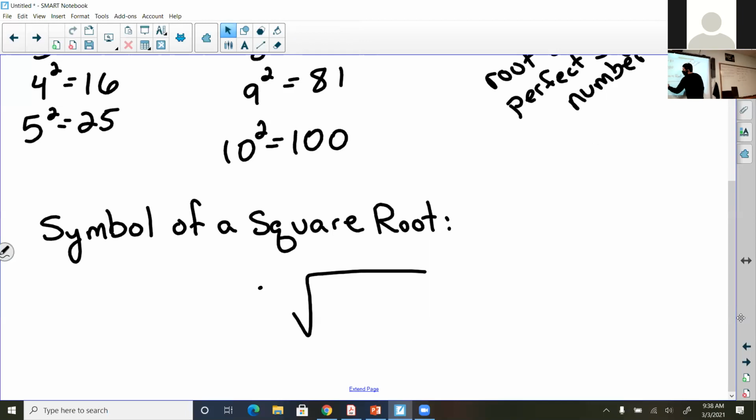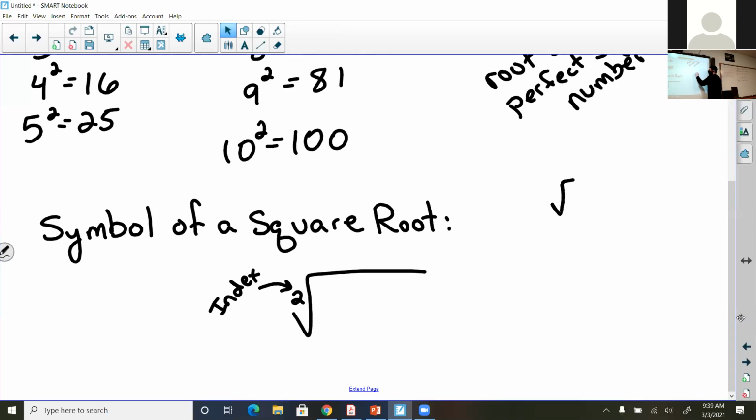But there's actually an invisible number right here that we would write, the number 2. We don't have to do that because it's assumed the 2 is there. This is called the index of a square root symbol. It's this number that would change in order to have a cube root, which is a third root, or a fourth root, or a fifth root, or a sixth root.